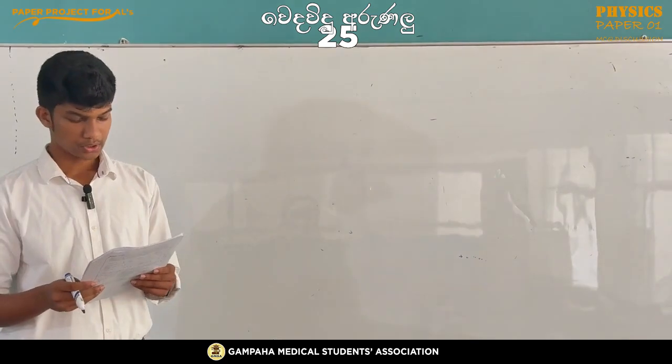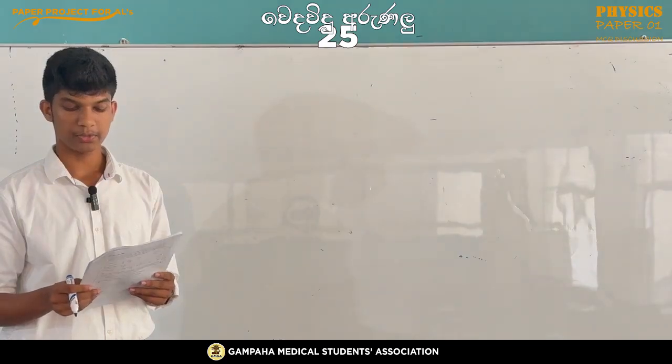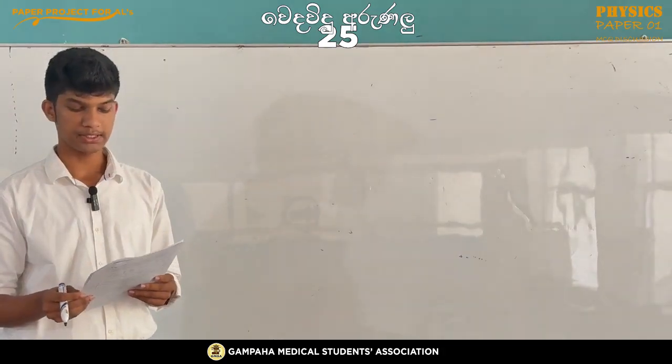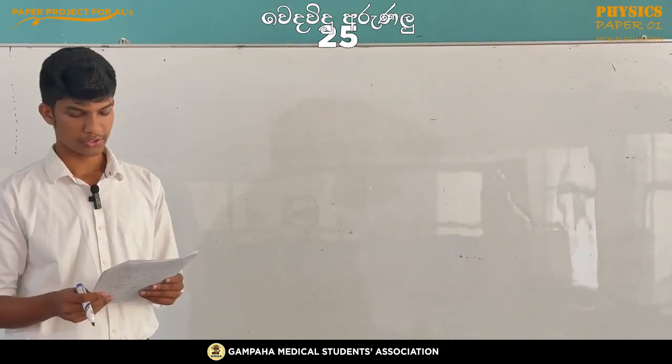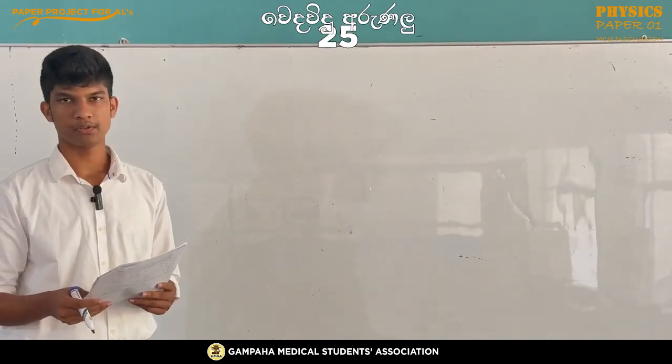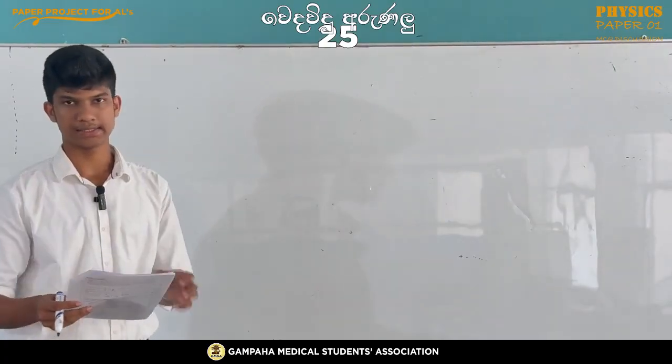In the 13th question, a radioactive substance has a half-life of 3.6 days. Initially, there were 20 milligrams of it. After 36 days, find the amount remaining. So, to do this question, you have to find out how many half-lives have passed by the 36th day.